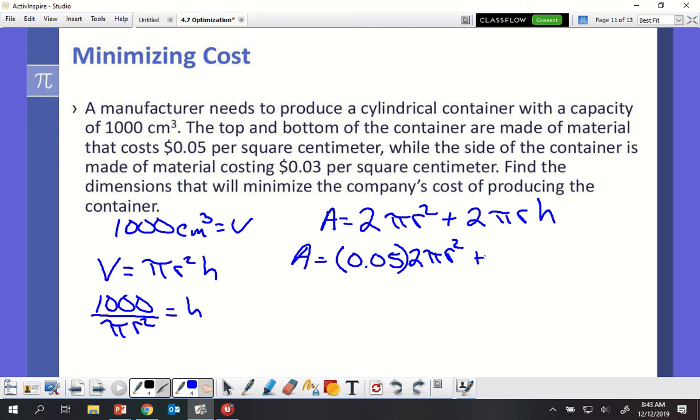So it's going to be 3. So now this is in terms of cost because I had to put my cost in there.